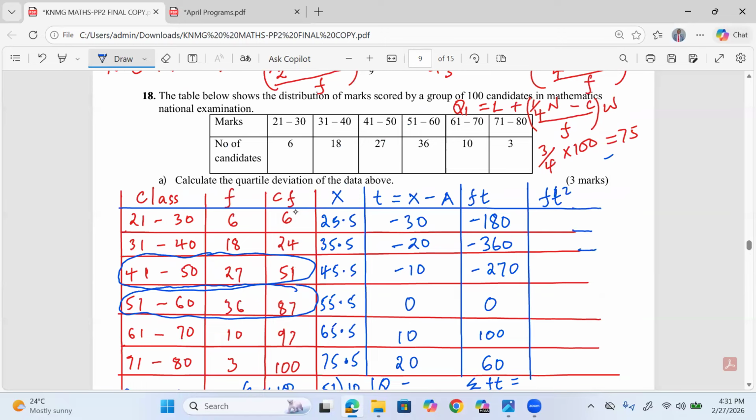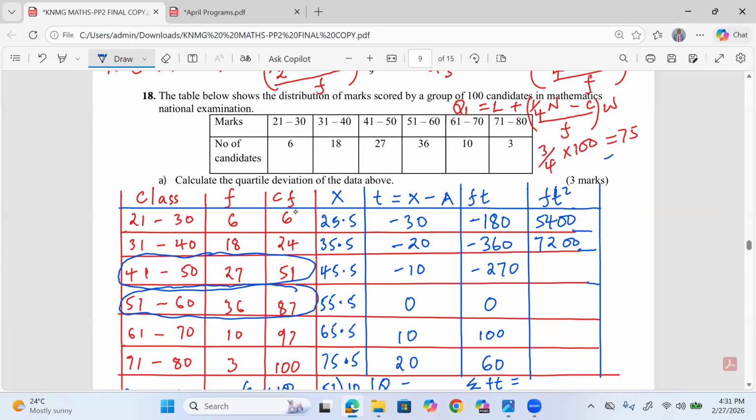So we start with the first one. We are having deviation squared, which is giving us 900. Then times 6 is the frequency. So that is 5400. The next is negative 20 squared, which is 400, times 18. This is 7200.